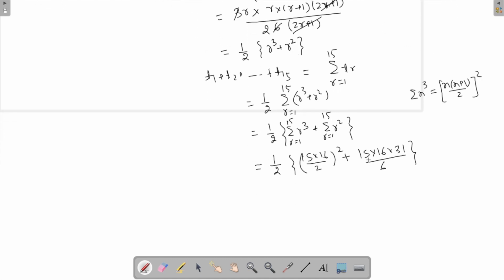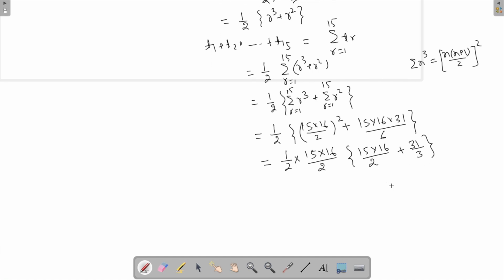Now, what can we do here? Let's take out something common. 1 by 2 is fine. Let's take out 15 and 16 outside, and also one of the 2s here. What will be left is 15 into 16 by 2, and then here 15 into 16 is gone, so I will be left with 31 by 3.